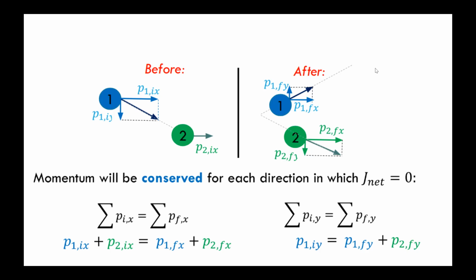So if we know that linear momentum is conserved, then we know that the total initial x momentum is equal to the total final x momentum. And likewise, the total initial y momentum is equal to the total final y momentum. So when we analyze situations in 2 dimensions, we're going to need to break them up into their x and y components.